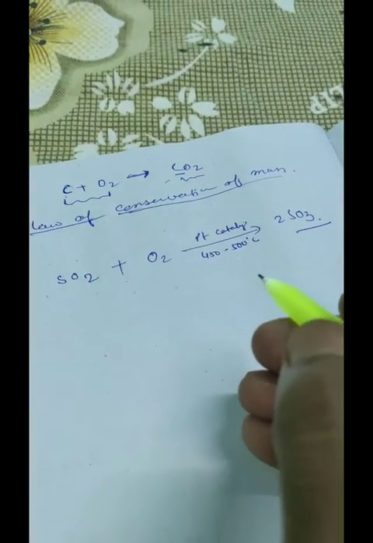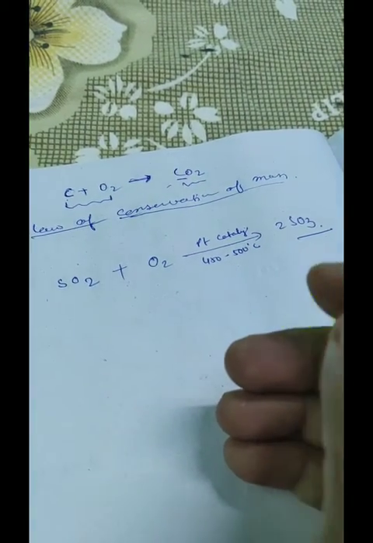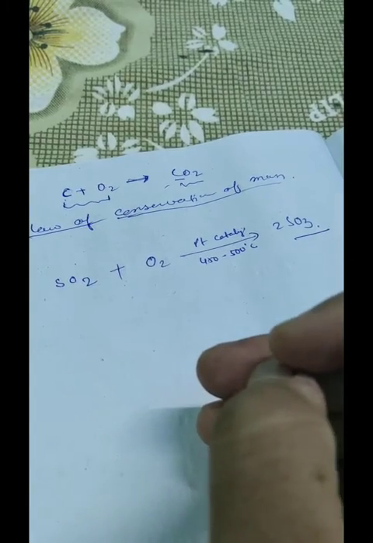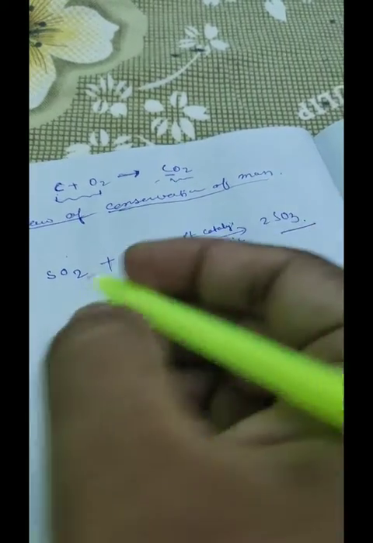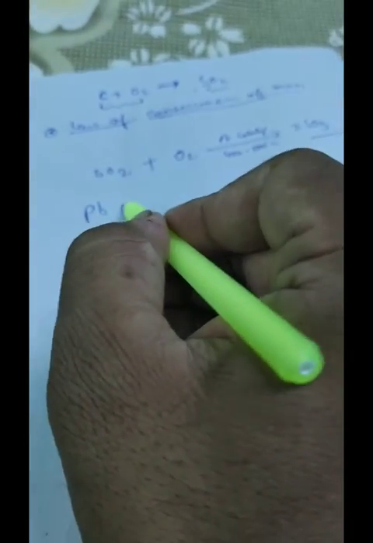An equation does not give any information about the color change, which has to be mentioned separately. Say, for example, PbO2.